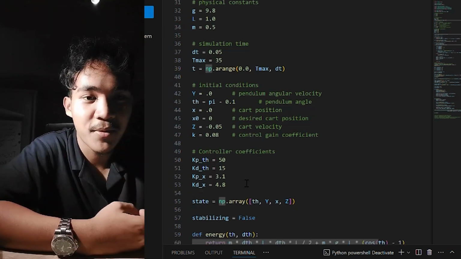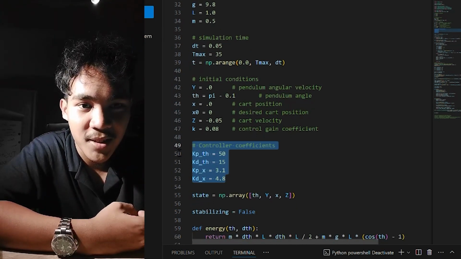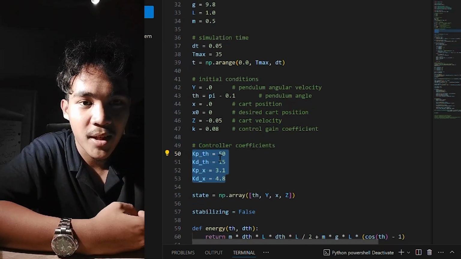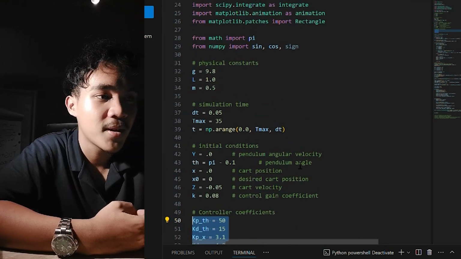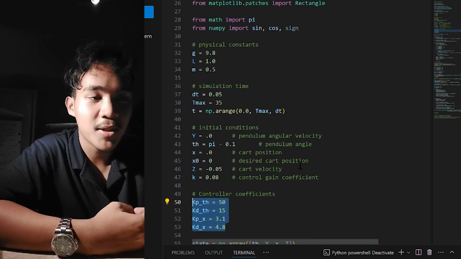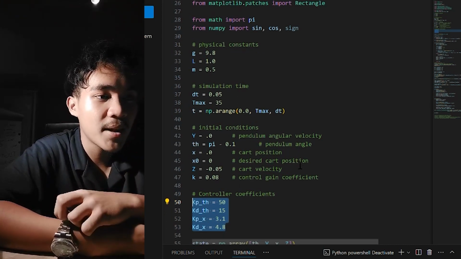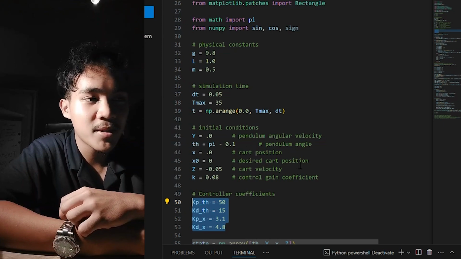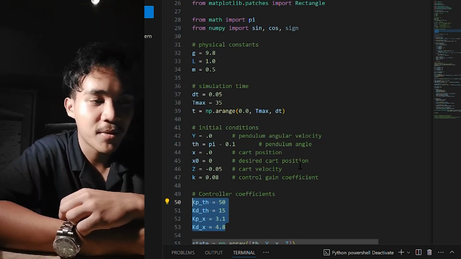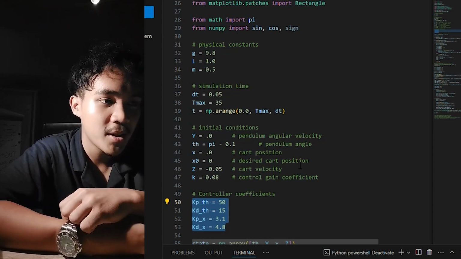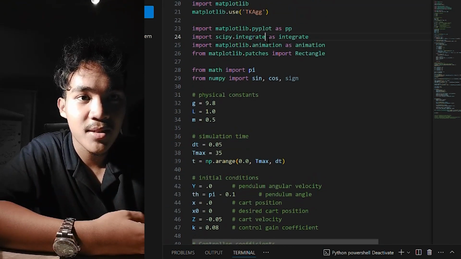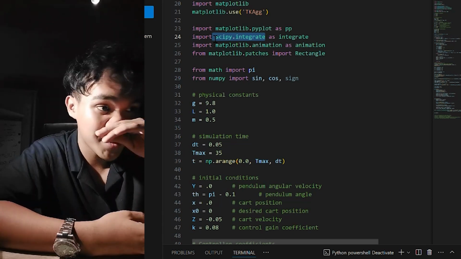Proportional derivative. And here you can see the PD. The KP is the proportional and the D is the derivative. So it's a feedback loop. And the system dynamics are modeled by ordinary differential equations, or ODEs, which are solved numerically using the SciPy integrate script.